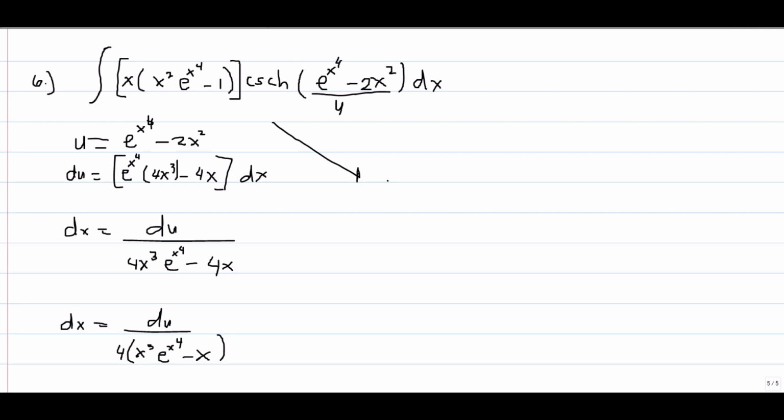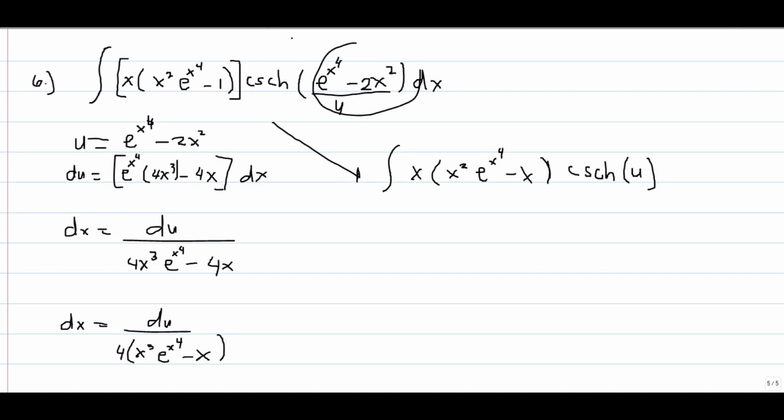Again, we can now substitute the equivalent of u and dx for the problem given. So this would be the integral of x times the quantity x squared e to the power x to the fourth, then minus x, then times csch, or hyperbolic cosecant, which is u.